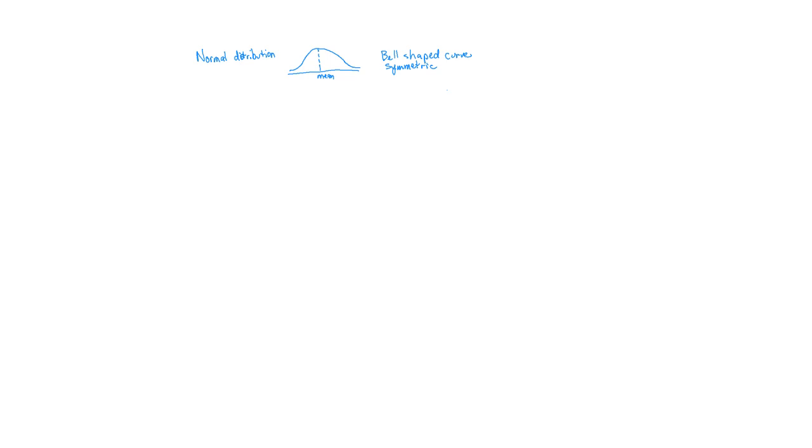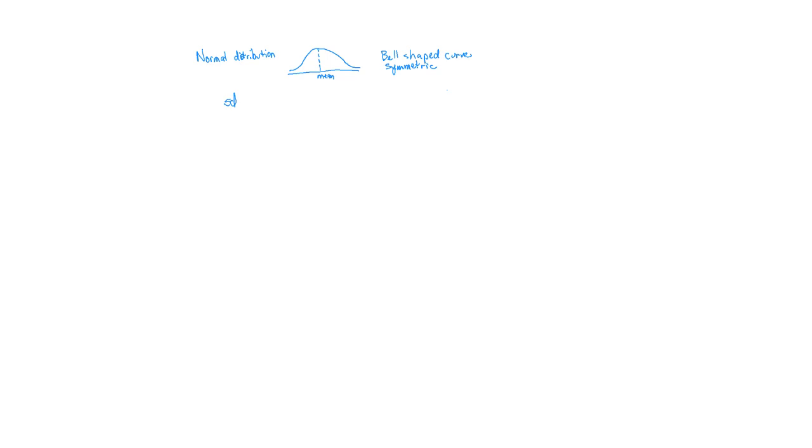All right, let's talk about data, because we're going to talk more about this bell-shaped curve in the future. So we're not really going to spend too much time on it. But if we have this bell-shaped curve, the standard deviation tells us how spread out the data is.